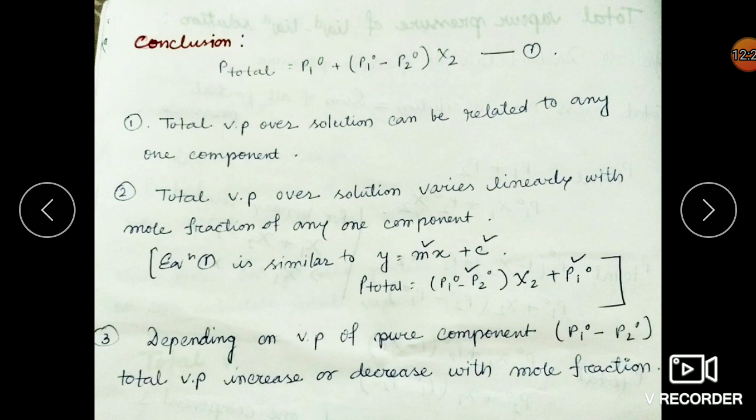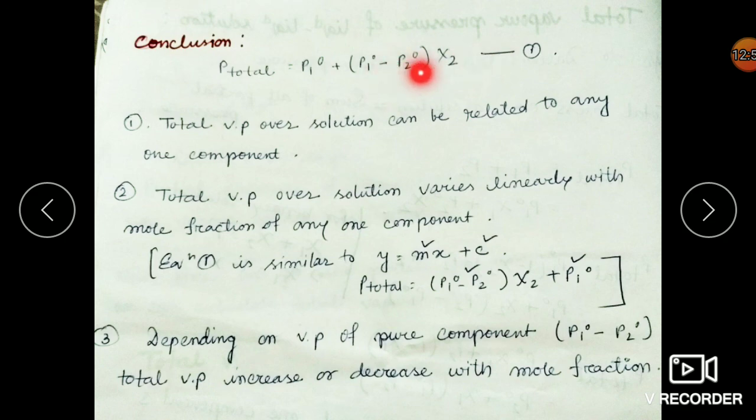Third conclusion says that it depends on the vapor pressure of the pure component. In the equation you see P1 naught minus P2 naught, the value may be positive or it may be negative. If it is positive, P total will increase. If it is negative, it will decrease. So total vapor pressure will depend on the pure component vapor pressure, and will increase or decrease with the mole fraction because it is getting multiplied.